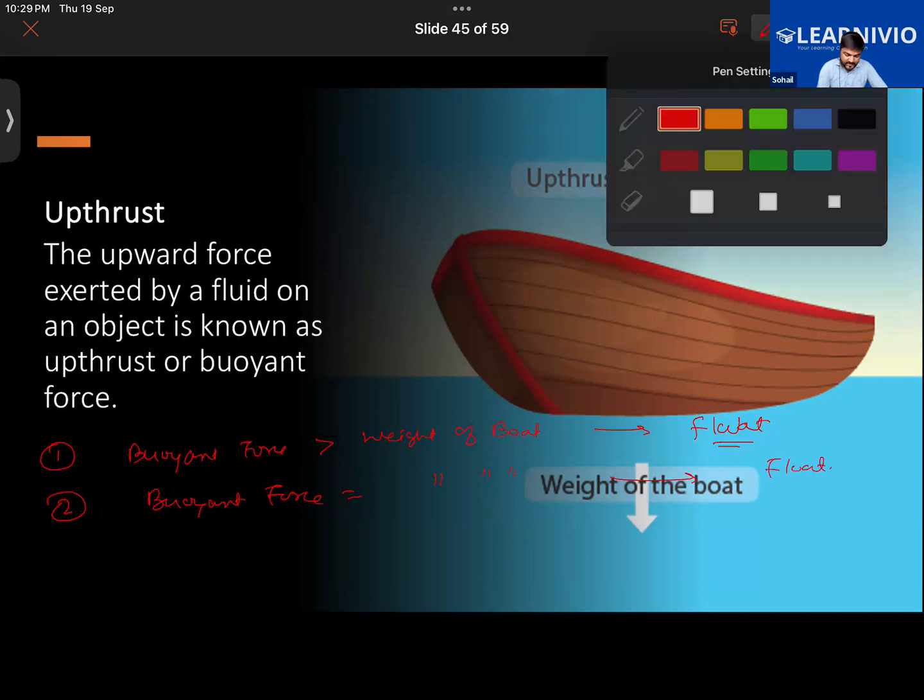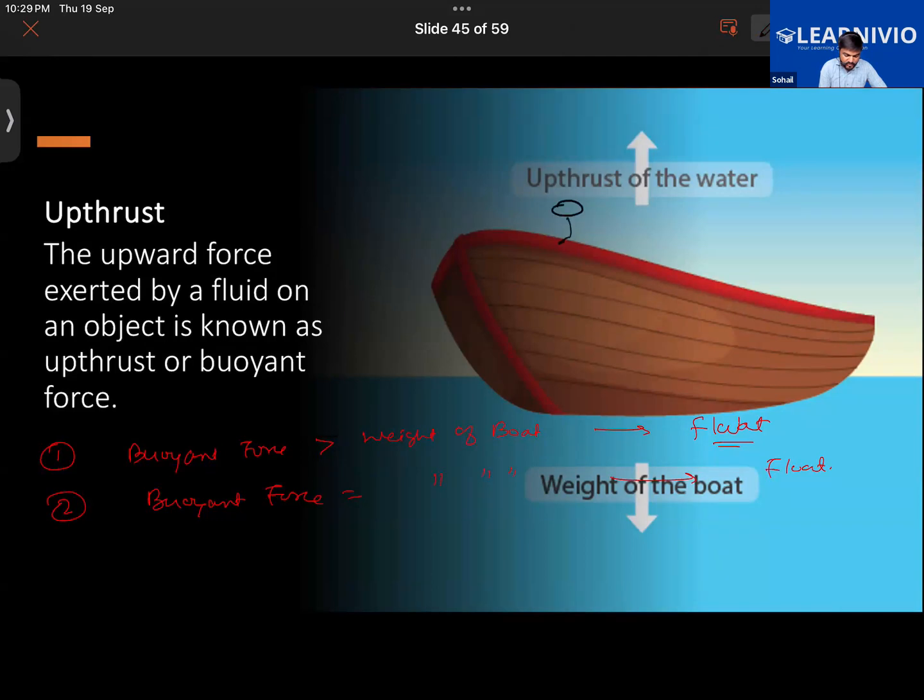Now let us say there are too many passengers on this boat. There's a capacity of, let's say, only 3, but it is filled with 10 passengers. Then what is going to happen? Why does the boat sink? There is too much weight.